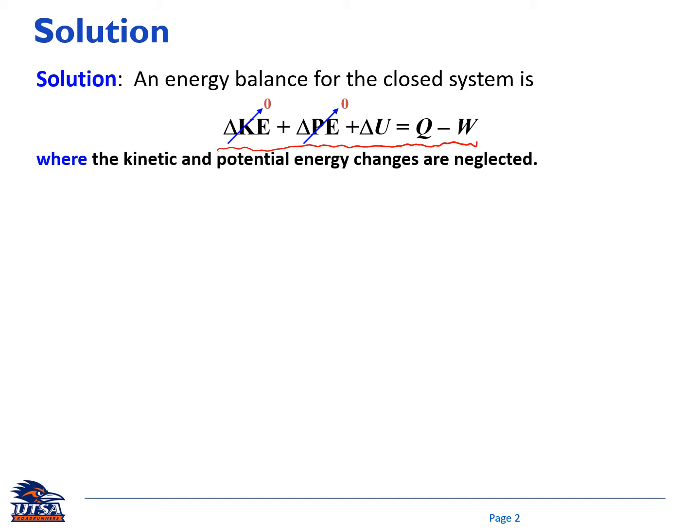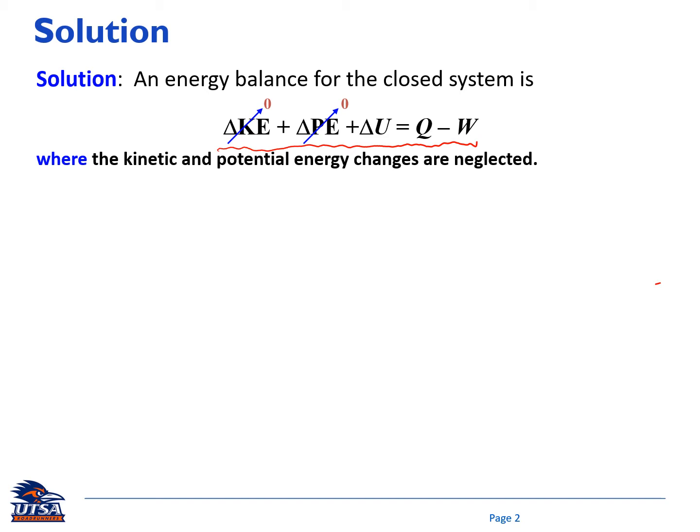So the change of the kinetic energy and the change of the potential energy are neglected here, and you only have delta U equals Q minus W. Q is given there, minus 250 kilojoules.